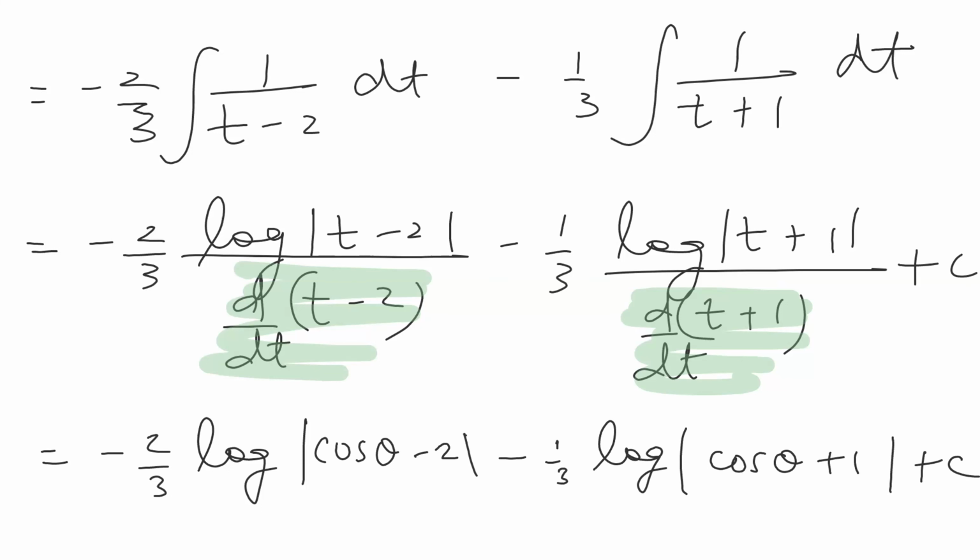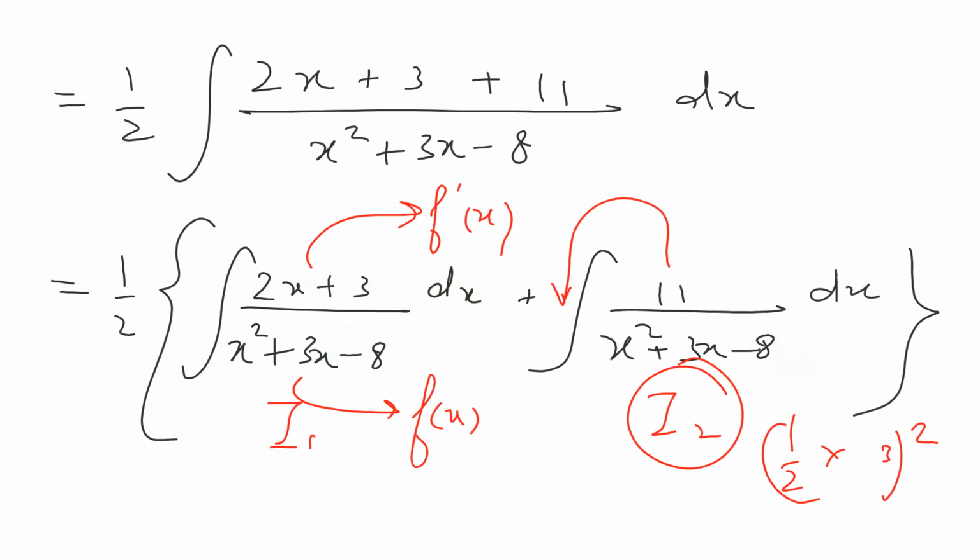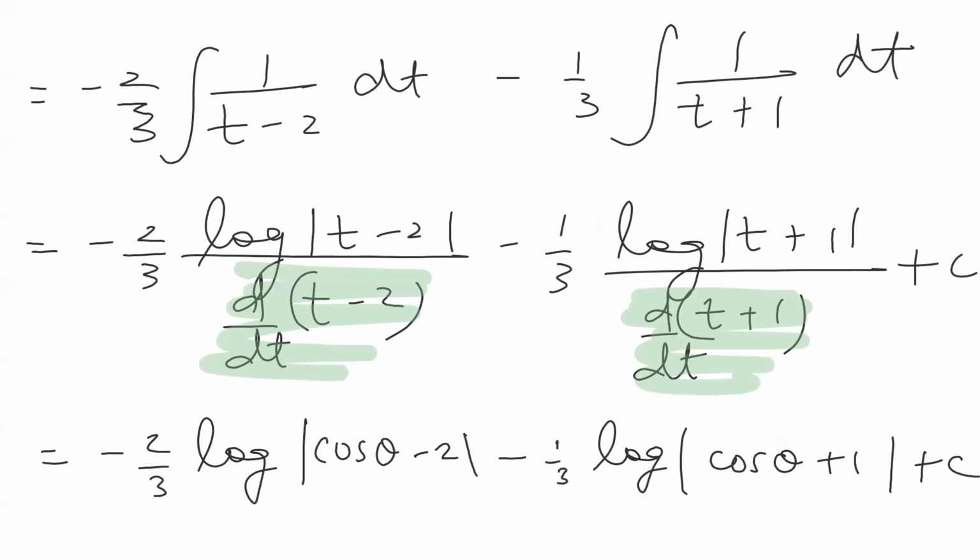So in a nutshell, we made a mistake at the beginning, so you'll have to take minus sine theta, no? Where is the minus sign? See, d by dt of t minus 2, d by dt of cos theta minus 2... No, no, don't get confused over there. See, don't replace. Actually, we first have to differentiate, and then I've written two steps in one go.